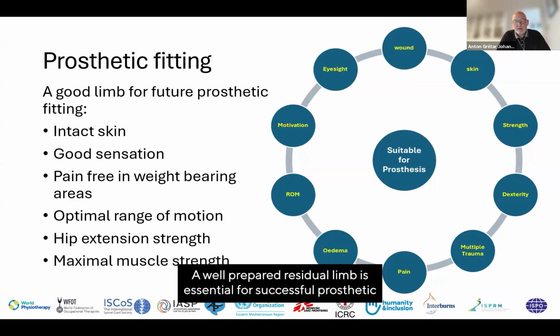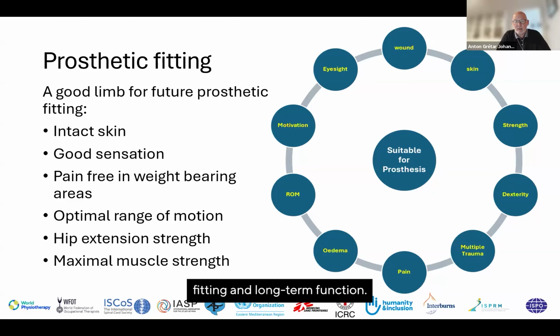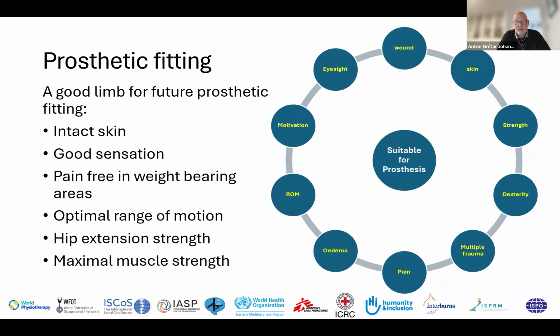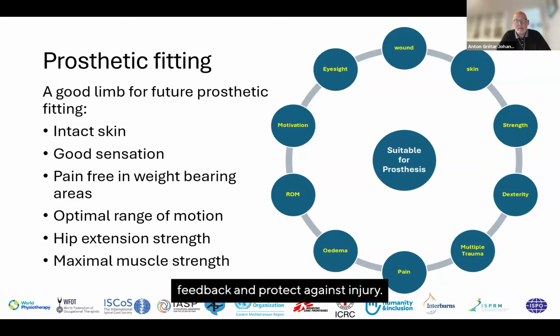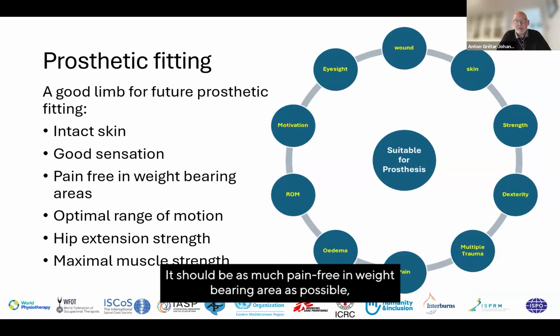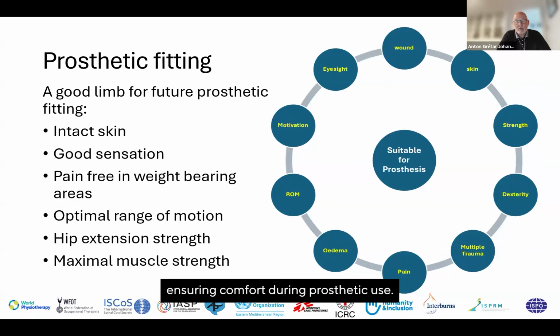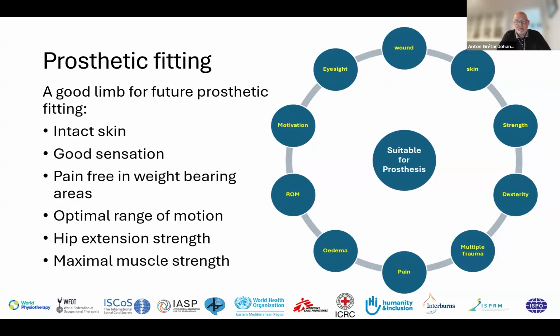A well-prepared residual limb is essential for successful prosthetic fitting and long-term function. The limb should have intact and healthy skin with good sensation to allow feedback and protect against injury. It should be as much pain-free in weight-bearing areas as possible, ensuring comfort during prosthetic use.